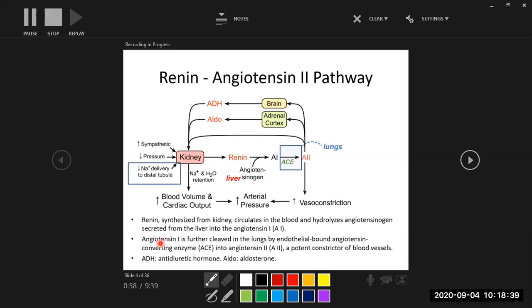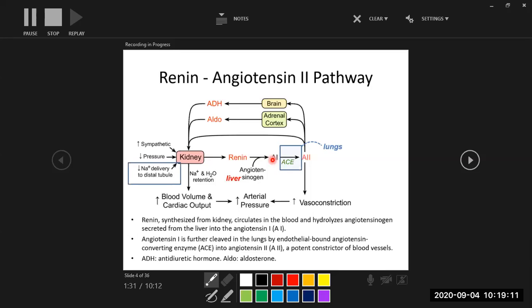All right, so we see this before. The first time we saw it was with the cardiovascular system. And so that's the famous RAAS, renin-angiotensin-aldosterone or ADH pathway. And we learned that the kidney releases renin, which can convert angiotensinogen, produced from the liver, to angiotensin 1.